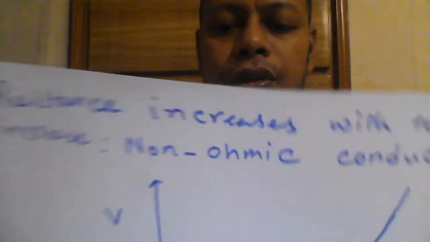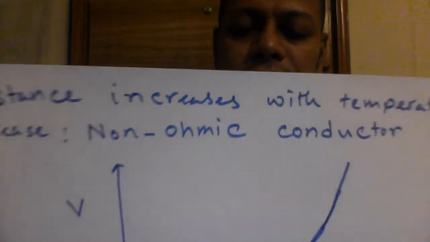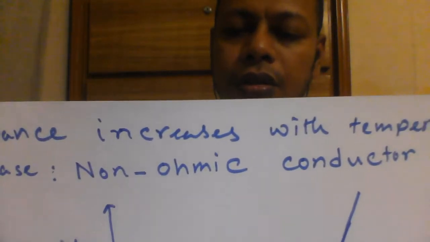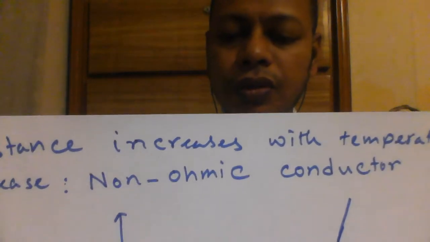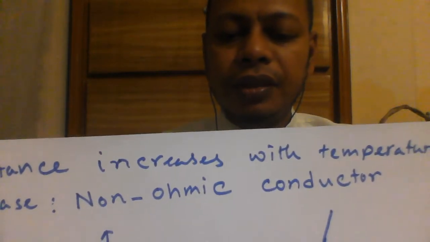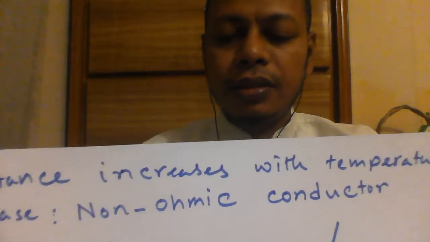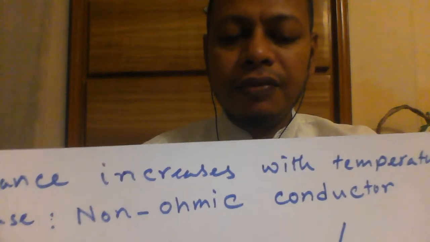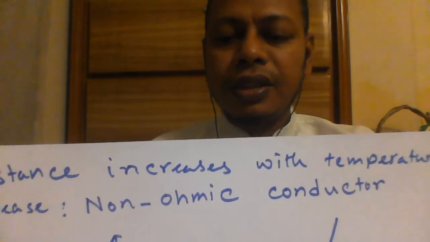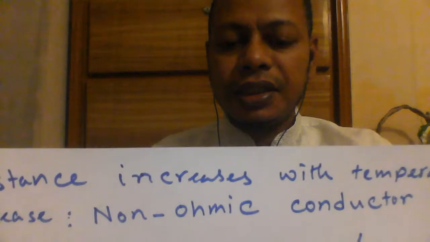From the graph we can understand it more easily, like this one. You see, in this graph, for a while it goes directly proportional, but if we increase the voltage more and more, then the current is more.